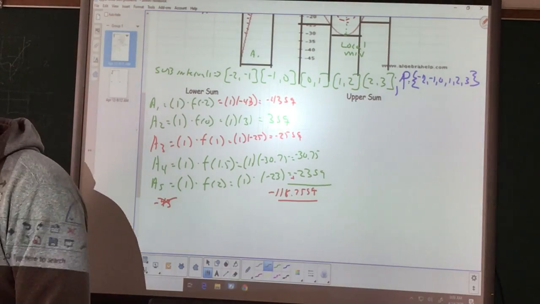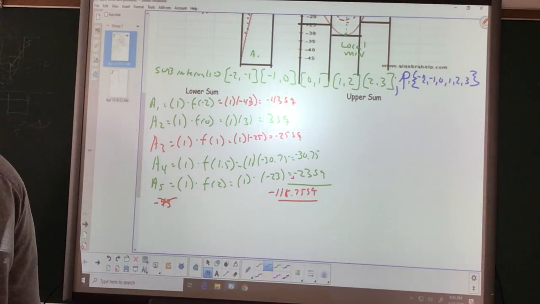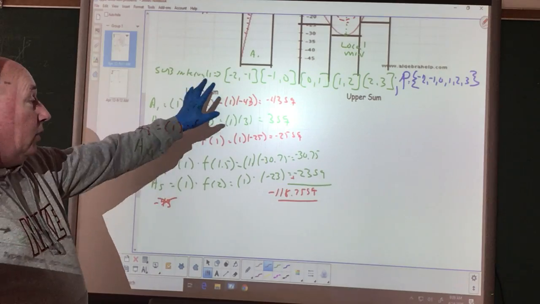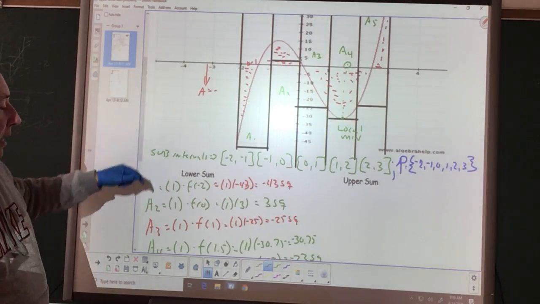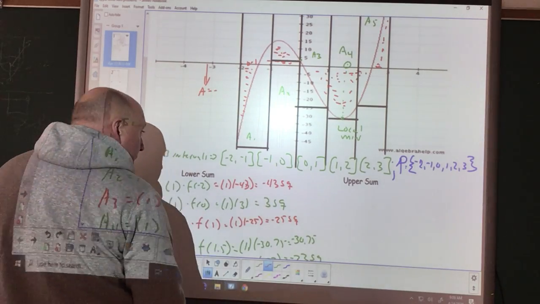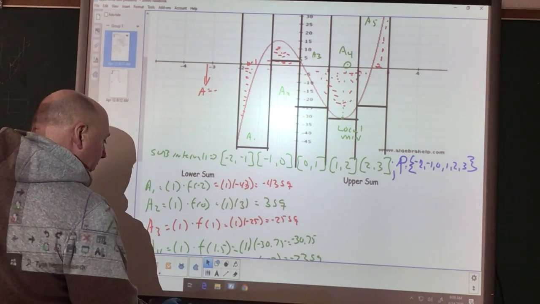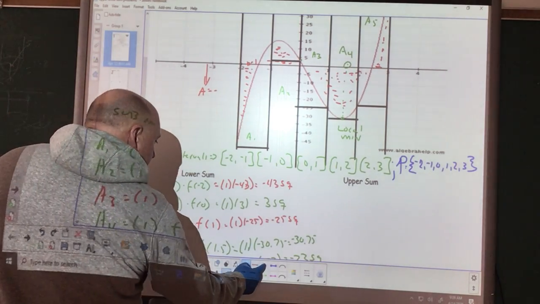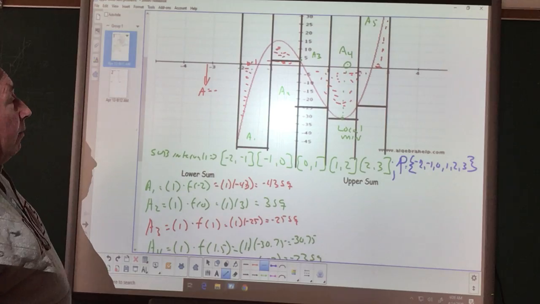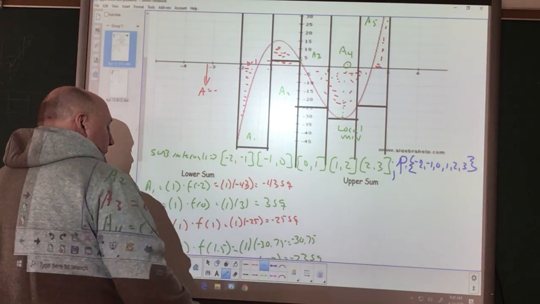Let's take a look at the upper sum. Now, knowing this and going to the upper sum, once again, it's a little bit easier looking at it now. I'm going to change my color on my line to that. Now we need to be entirely above.